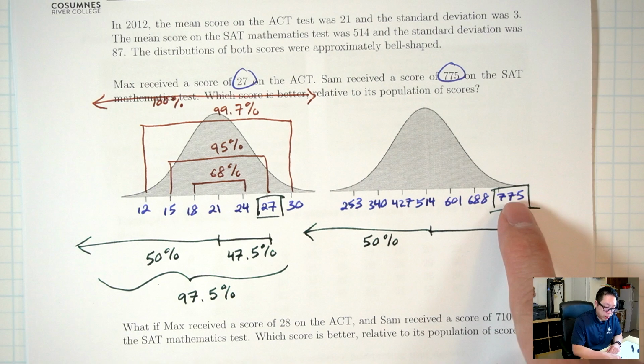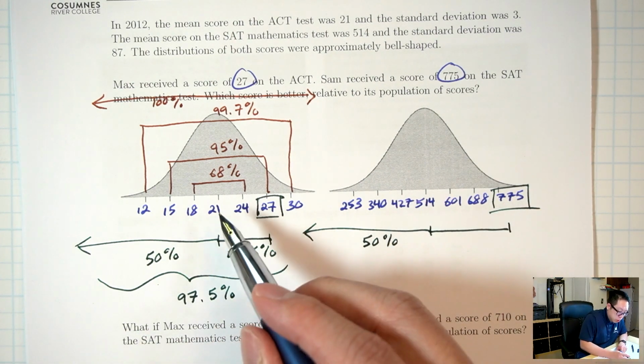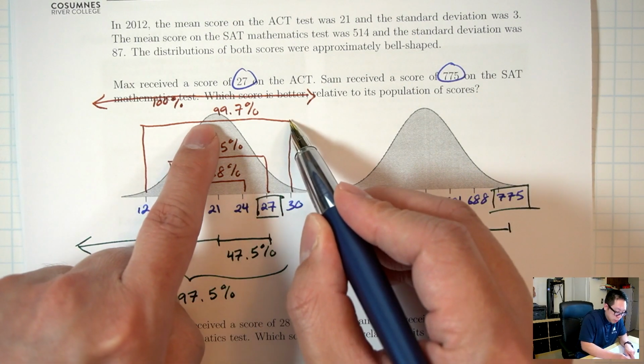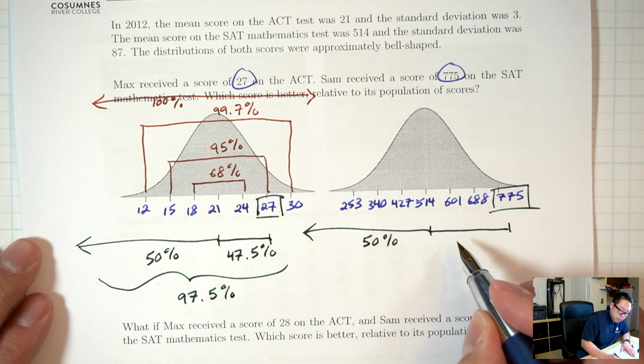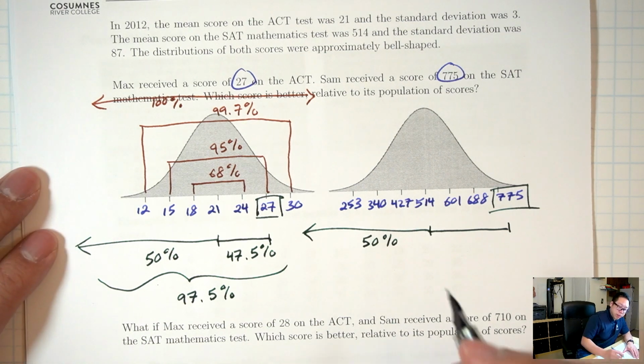That's 3 steps above to the middle, which should be half of 99.7%. Okay, so half of 99.7, so 99.7 divided by 2, 49.85%.